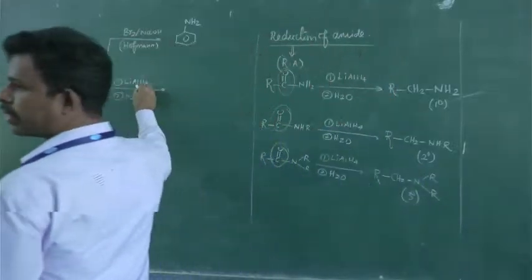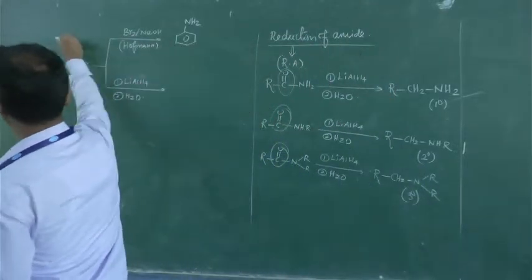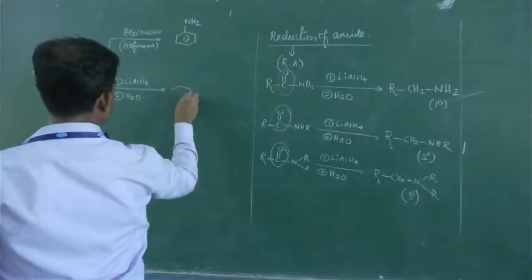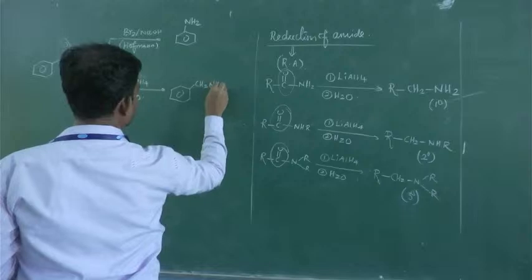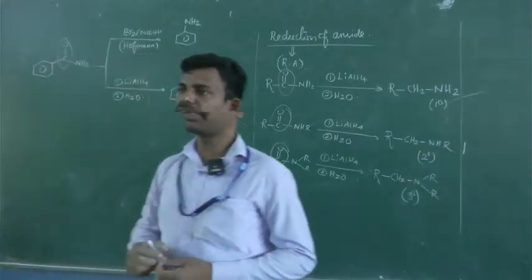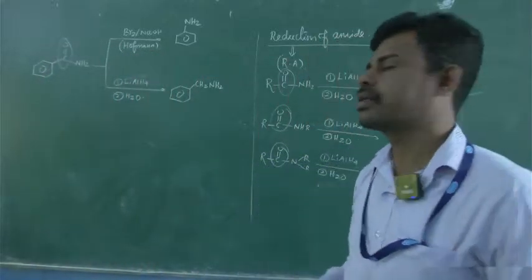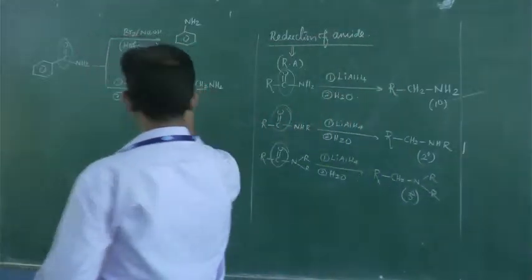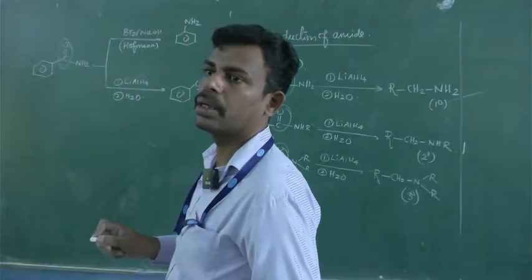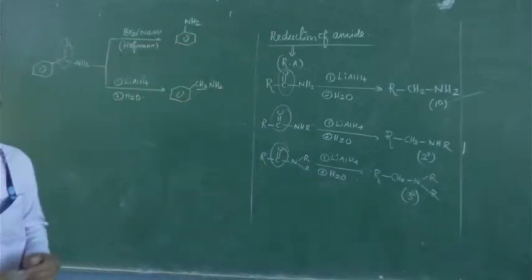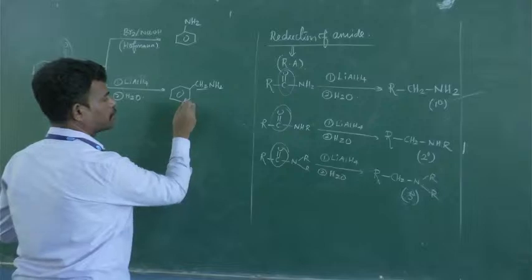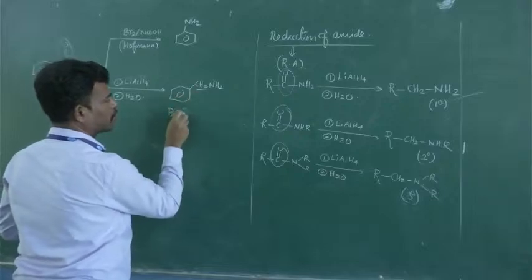In this case, lithium aluminum hydride reduces the CO to CH2. So you will get this. What is the name of this compound? Phenyl methanamine, or you can say benzylamine.